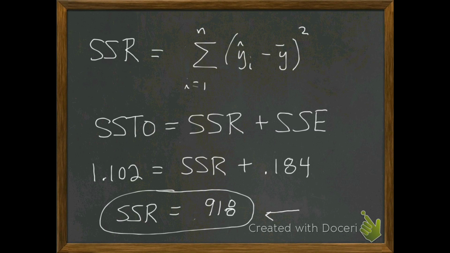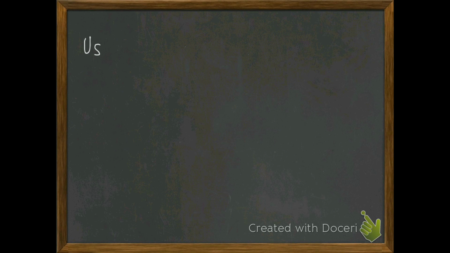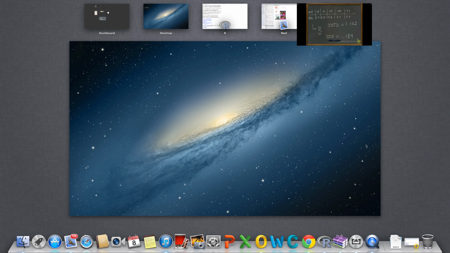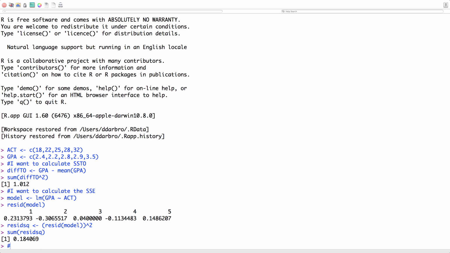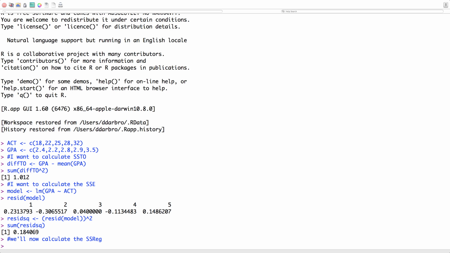But what I'd like to do here is jump back over in R and show the calculations for the sum of squares for the regression. It's probably going to take us 45 seconds to do this, and I think it's going to be worth it. So guys, we'll now calculate the sum of squares for regression. And remember, that's the difference in the residuals.